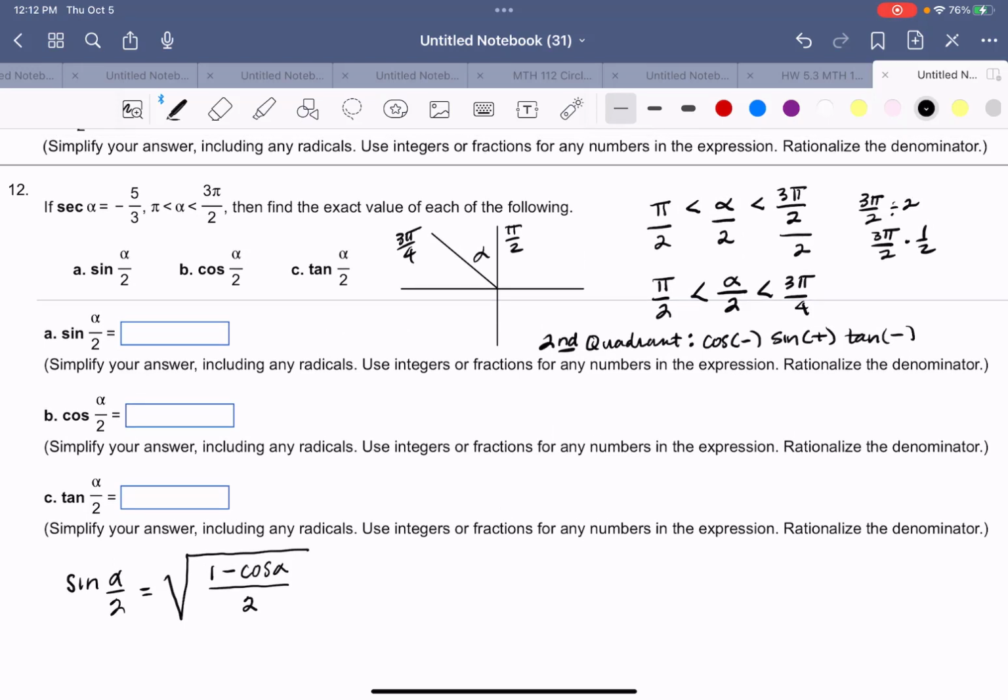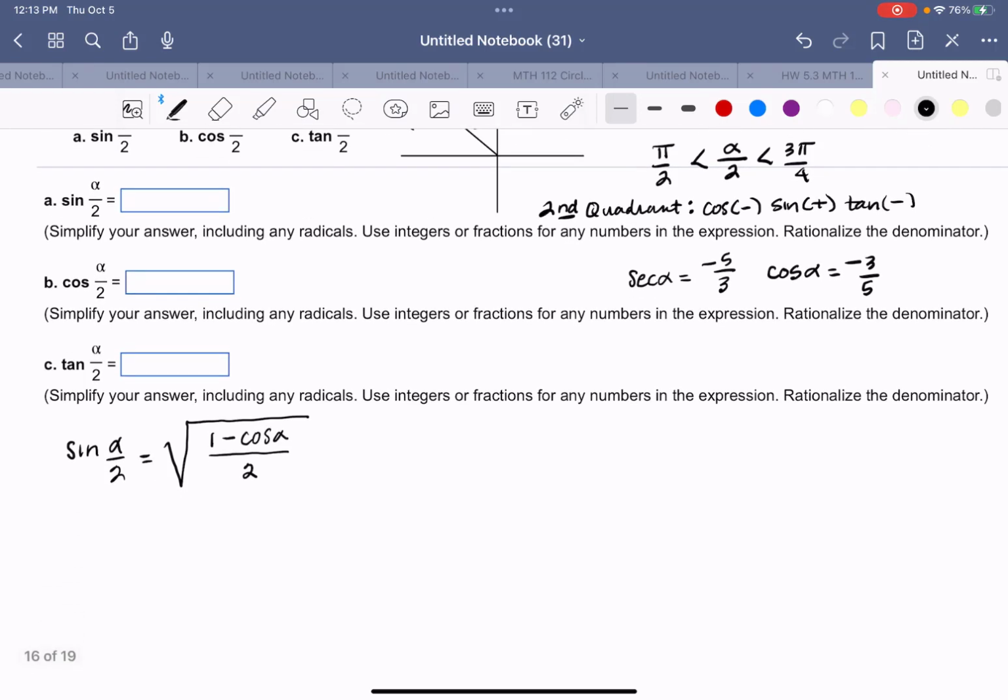Alpha has a secant of negative 5 over 3, and that's going to be the reciprocal of the cosine. So the cosine of alpha is negative 3 over 5. So I can go ahead and fill in this formula as the square root of 1 minus negative 3 over 5, all divided by 2.